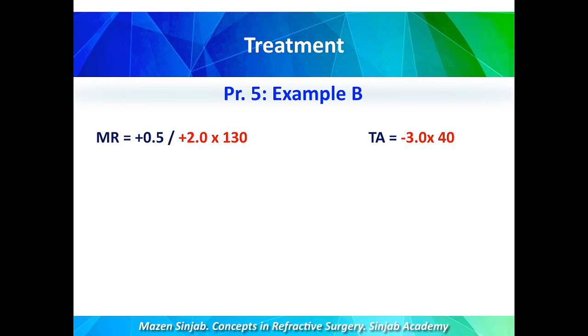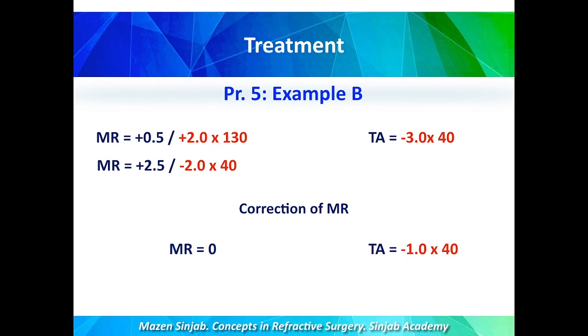Another example, manifest refraction plus 0.5 sphere plus 2 cylinder at 130, and the topographic astigmatism is minus 3 at 40. Of course, we have to convert the manifest refraction to be in the minus cylinder. Now, as we see here, both are oblique, but they are in the same direction, and the amount of manifest astigmatism is less than the topographic astigmatism.